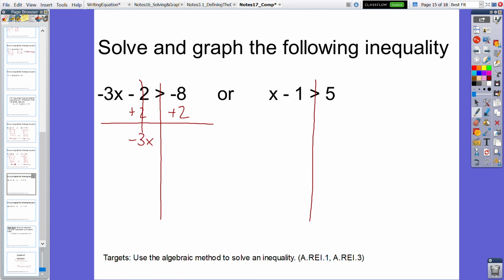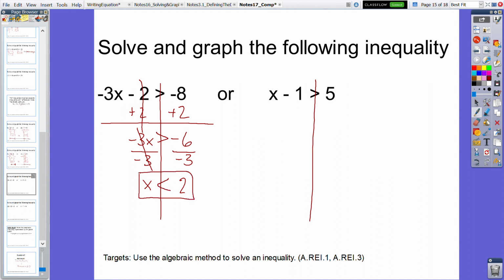Negative 8 plus 2 is negative 6. Sign still stays the same, it's still greater than. When I go to divide by my coefficient of negative 3, I get 3's to cancel, I'm left with x here, and a positive 2 on the right side, because negative 6 divided by negative 3 is a positive 2, but I have to switch my sign because I divide by a negative number.